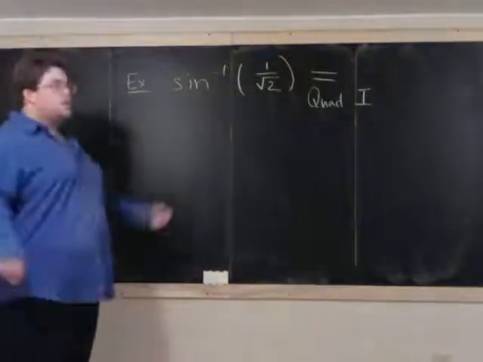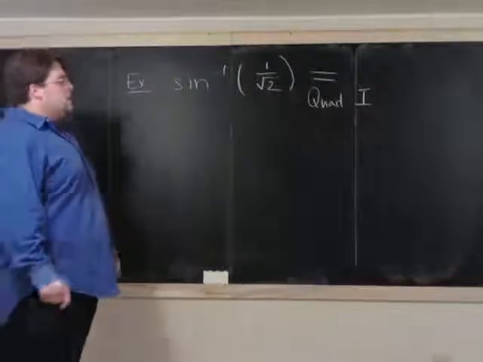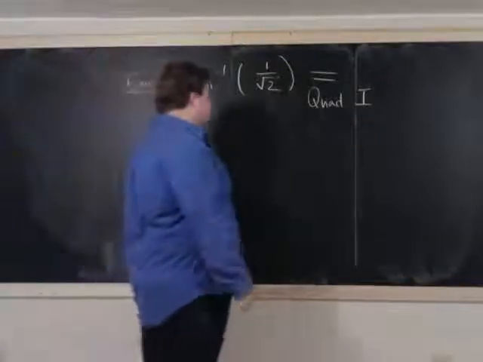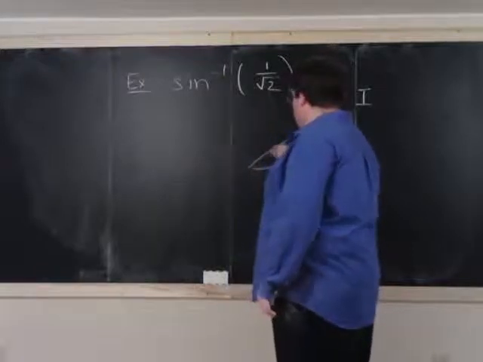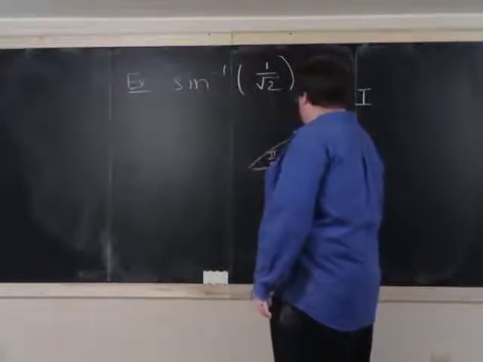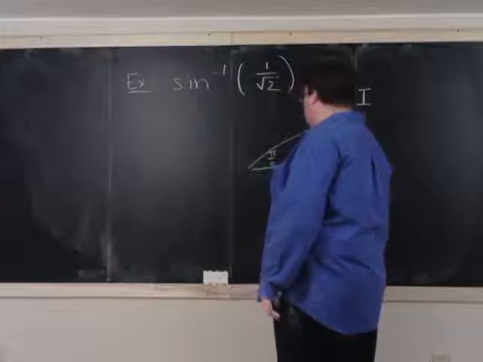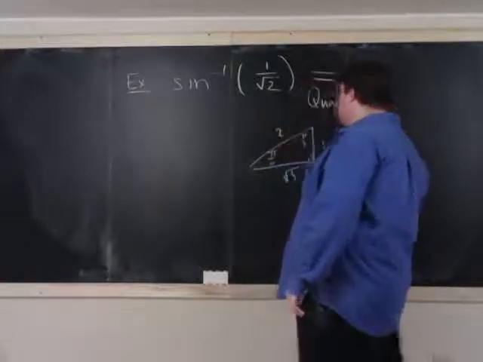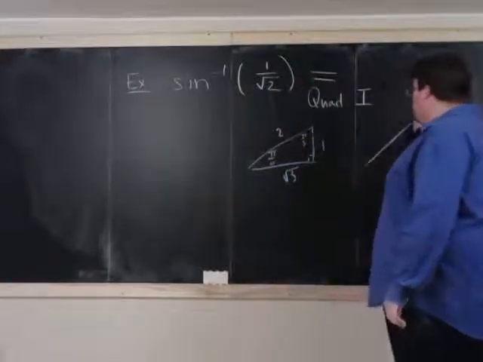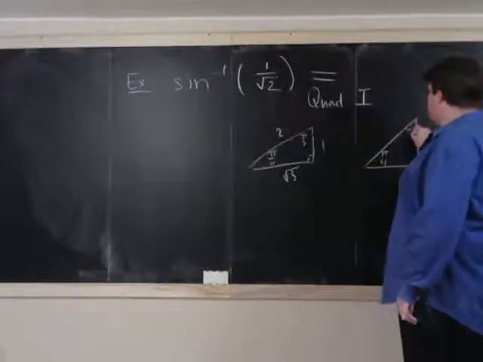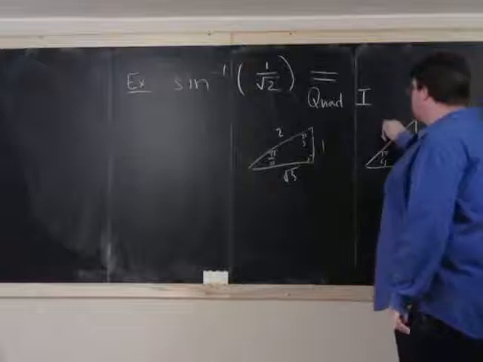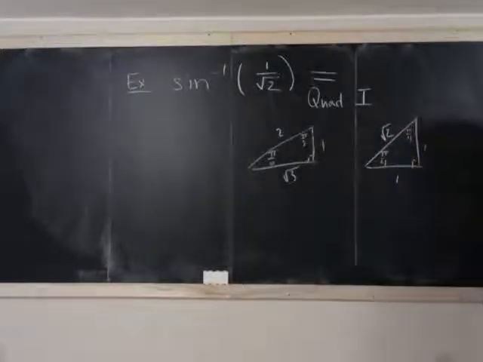Now to figure out which angle, I again like to go back to those triangles. This triangle, the pi over 6, pi over 3, pi over 2 triangle, with sides in that ratio, and the pi over 4, pi over 4, pi over 2 triangle, with sides in that ratio.